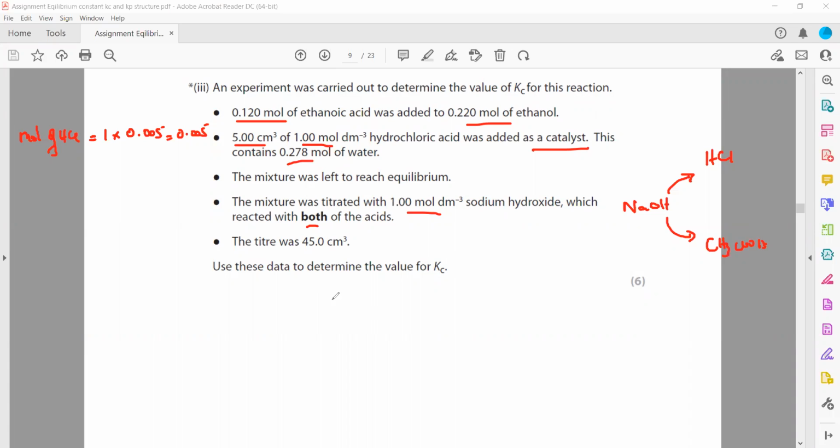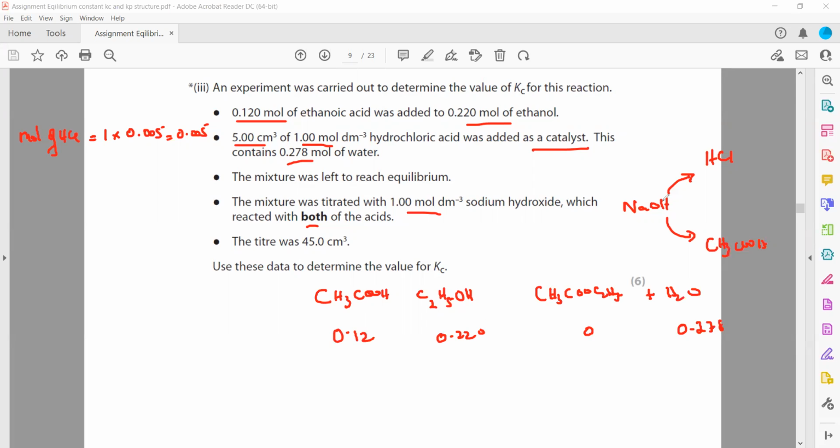So we have the reactant ethanoic acid reacting with ethanol, C2H5OH, to produce ethyl ethanoate plus water. In the beginning we had 0.12 moles, 0.220 moles, 0 for the ester, and the water moles were 0.278.